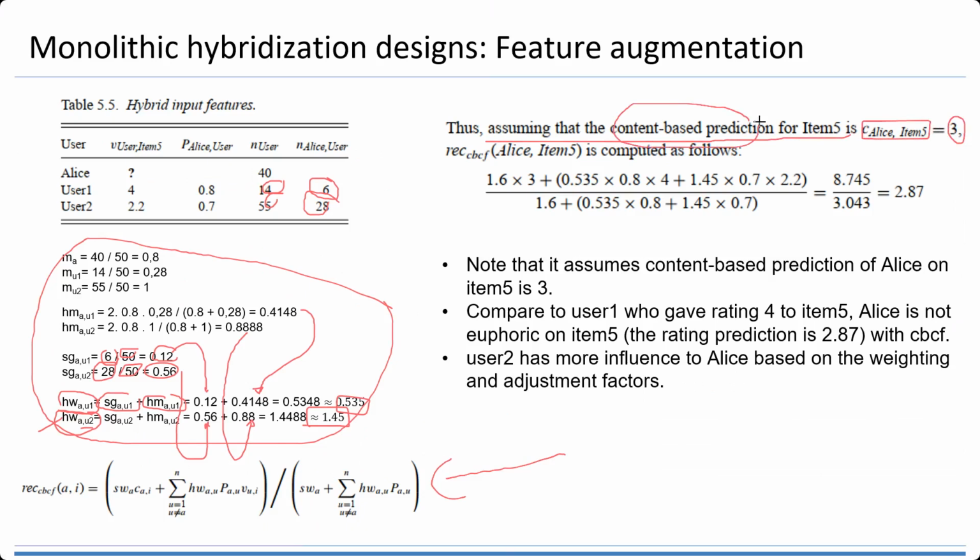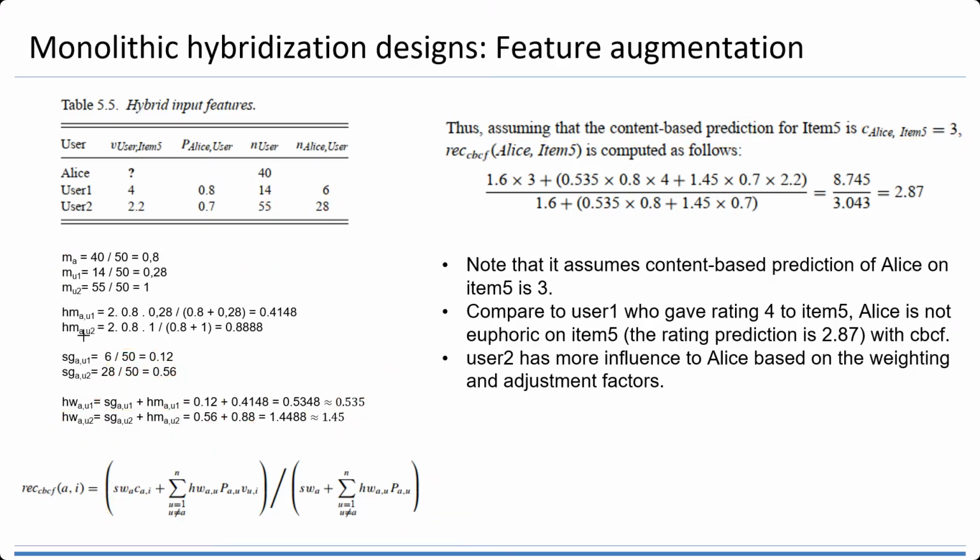So let's assume that the number is 3. Then we can calculate using this formula: SW A multiplied by C A I, which is 3. And then we do the summation.